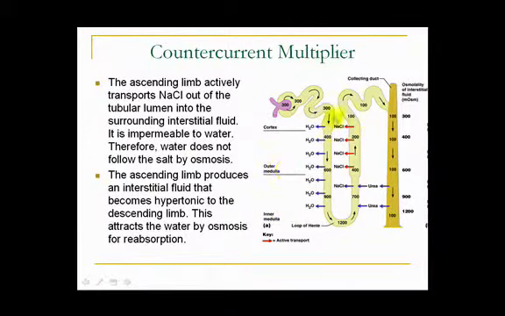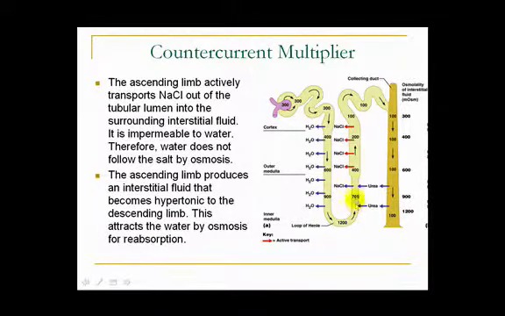And what that creates is water will move out until the filtrate goes to equilibrium with the interstitial fluid. So the filtrate ends up being about 1200 down here, same as the interstitial fluid. Now you would think that salts could also move in, until everything goes to equilibrium, but they can't, because this descending limb is impermeable to salts.